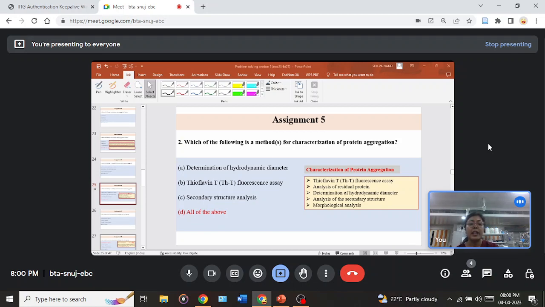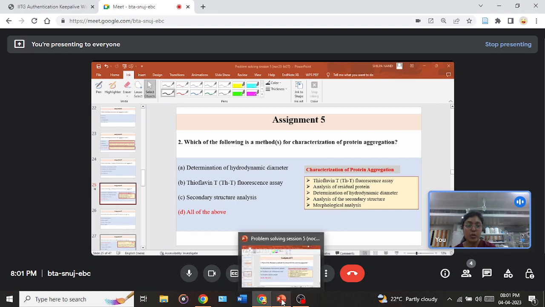So we have AFM, atomic force microscopy, from which we can determine the change in the morphology of the aggregated protein. Is there any doubt in this particular question? If not, we will move ahead. You have to remember the various methods or assays involved in characterizing an aggregated protein. How can you analyze a protein aggregate?